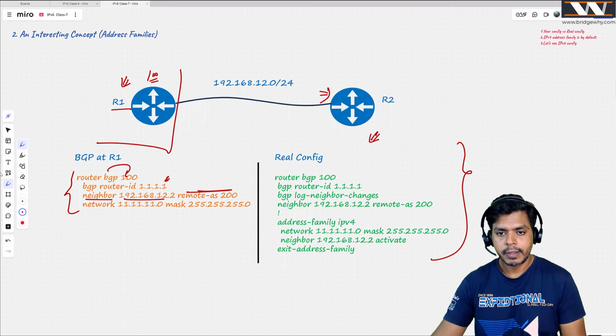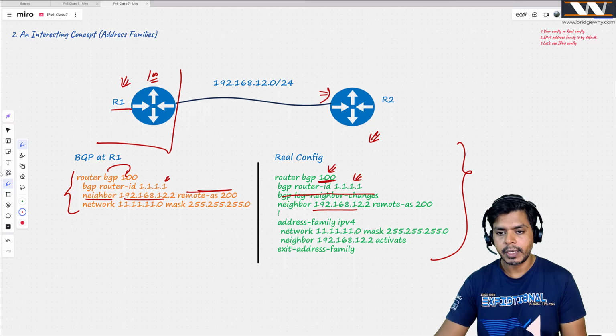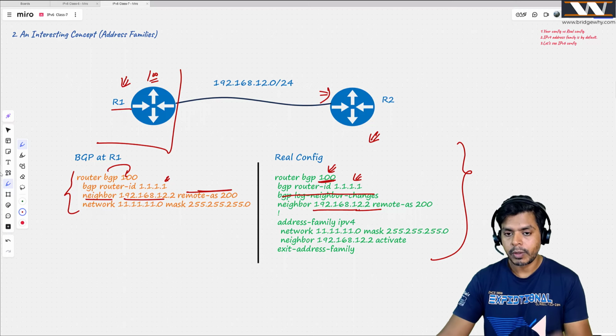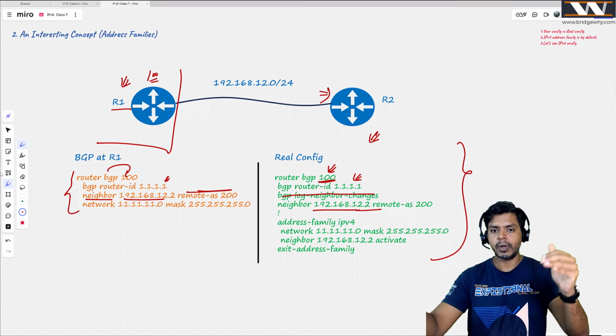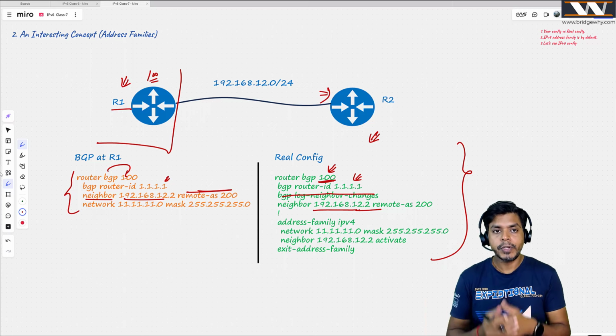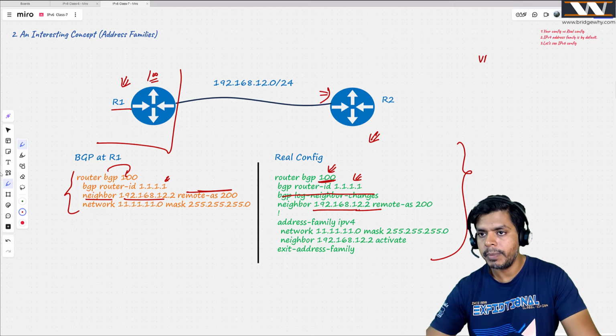Router one says that, of course, I am running BGP for autonomous system number 100. My router ID is this one. Leave this command, and my neighbor is this one. But it also understands that because I have various gates, I have various protocols, which protocol routes am I going to advertise? It has the VPNv4 address family, it has the IPv6 address family, and so on.